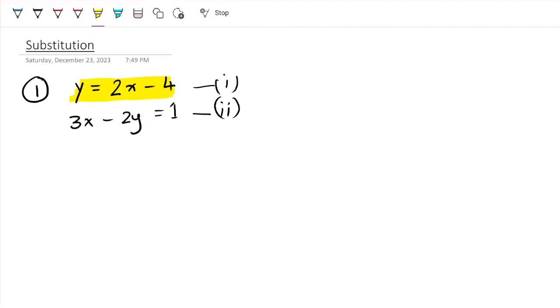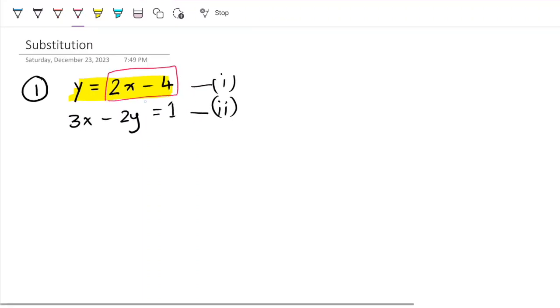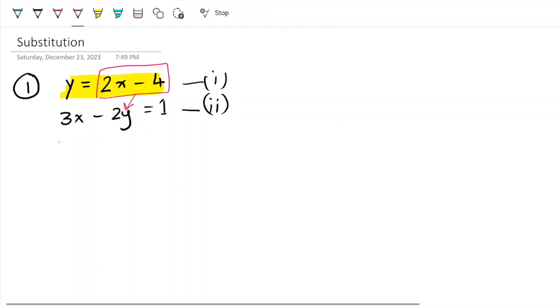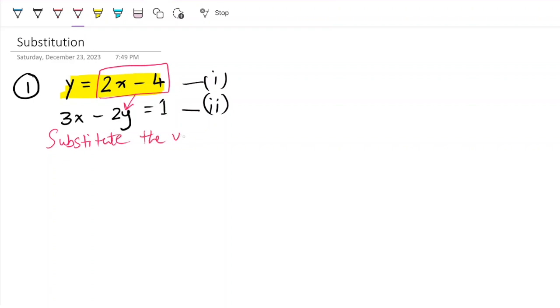So what we need to do is substitute the value of y, which is 2x minus 4, in place of y in another equation, this one. Okay, so what we will do now, we will write: substitute the value of y, which is 2x minus 4, in equation 2.